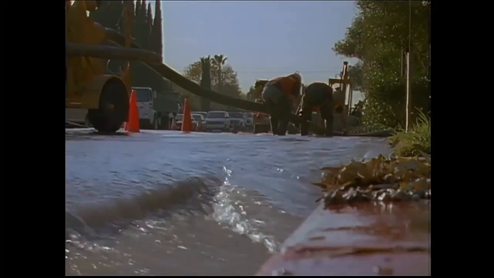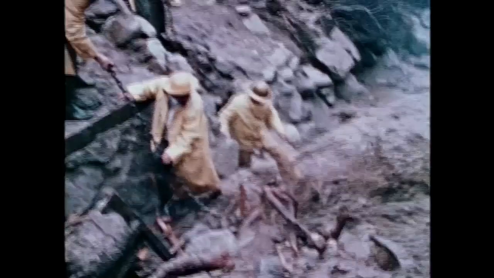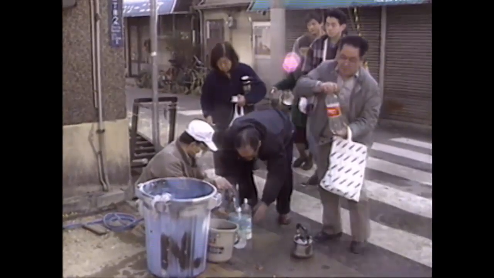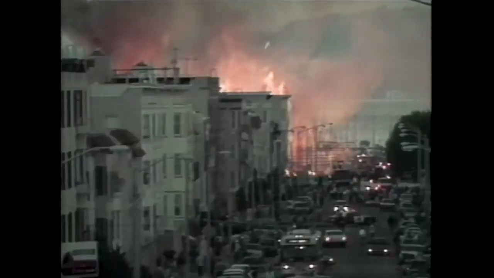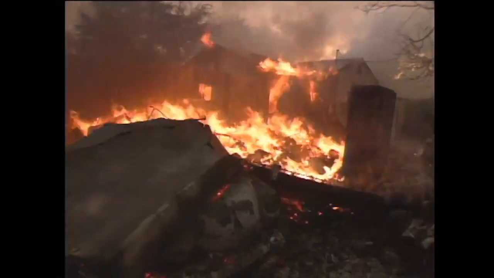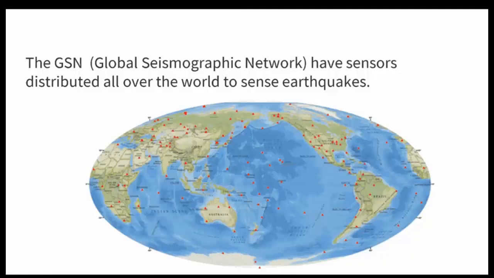Serious ground cracks, there will be cracks in the ground. So the Mercalli scale takes into account many things other than the magnitude. It takes into account the magnitude, the place of the earthquake, the time of the earthquake, the community that lives near the earthquake, and so on. To sense the earthquakes, there are seismic stations distributed all over the world.